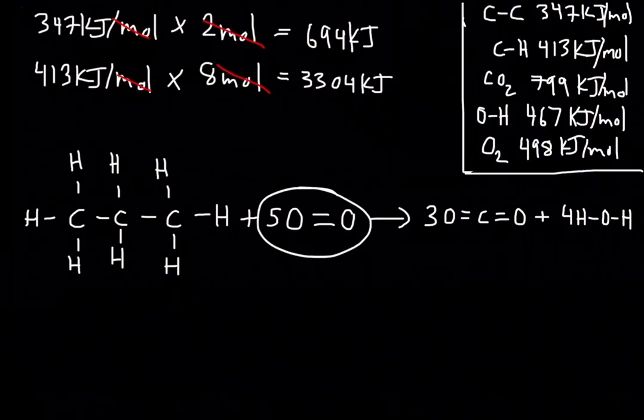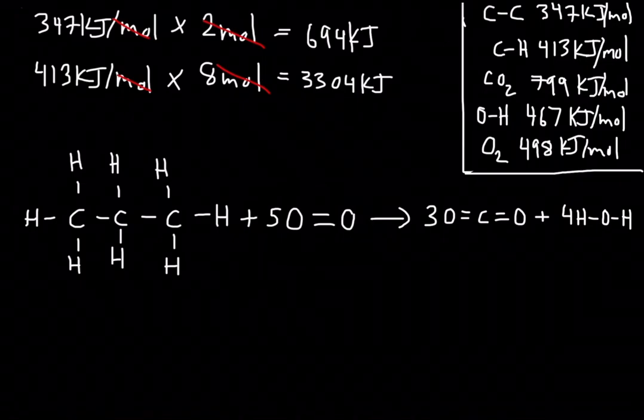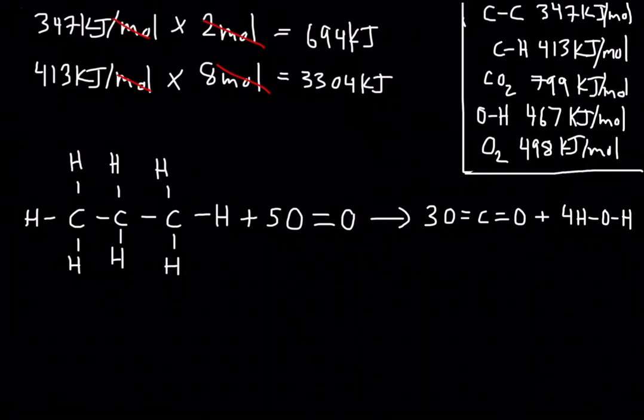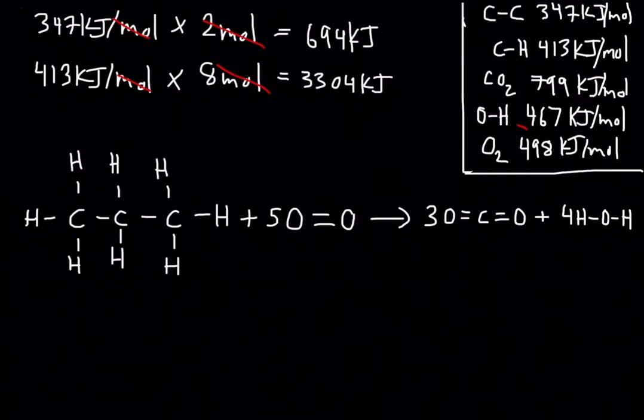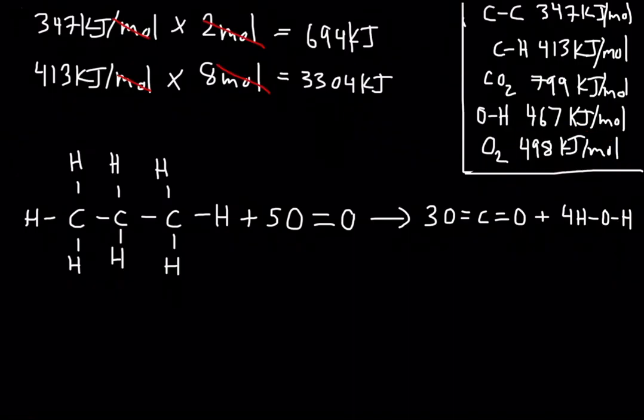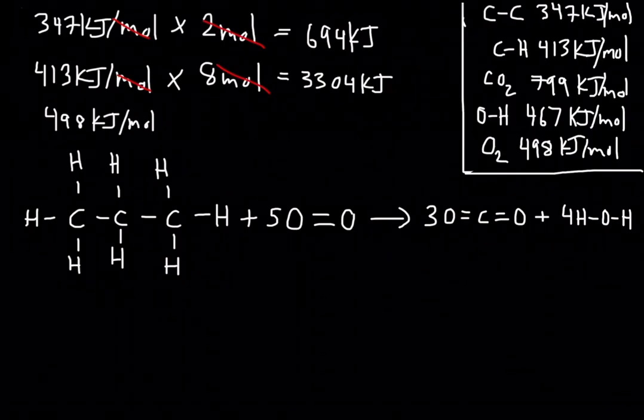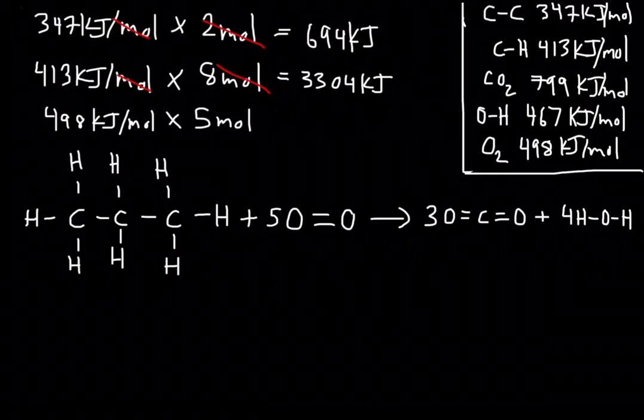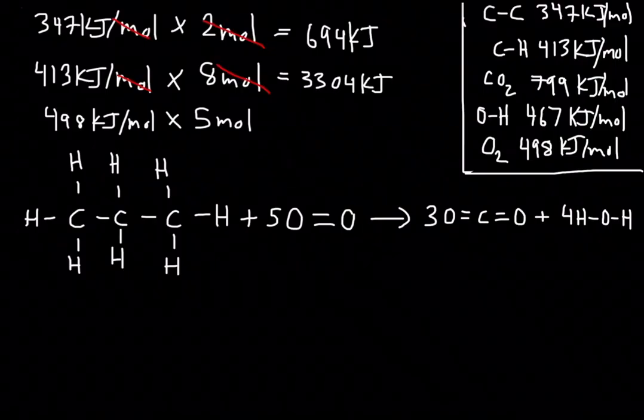And now for oxygen, so we have 5 mole of oxygen gas, of course, and then this is the bond energy, so 498 kilojoule per mole times 5 mole, because there's 5 mole of oxygen and there's only 1 bond in each mole.